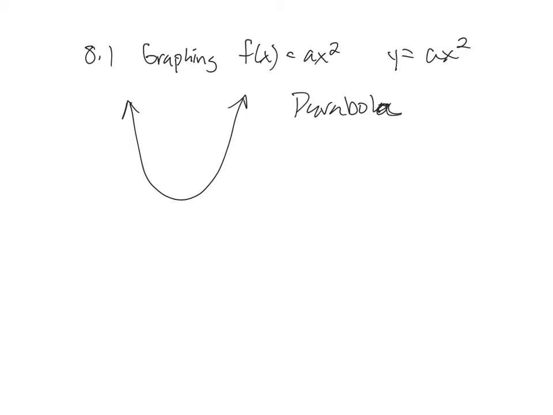And there's some parts that are very important to this. The first is we have this kind of imaginary line that goes right down the middle. And this is called the axis of symmetry.